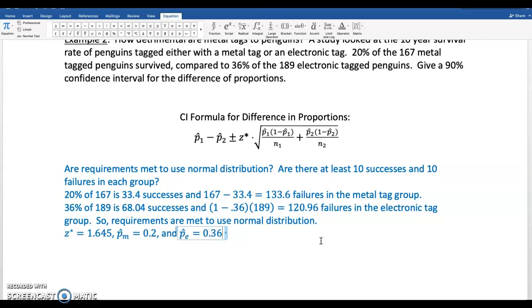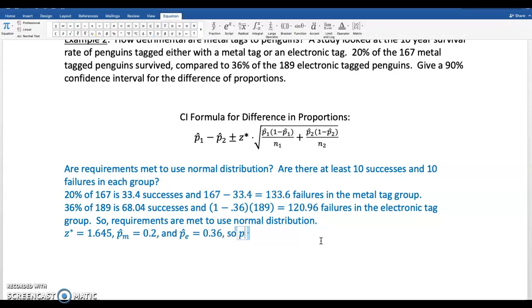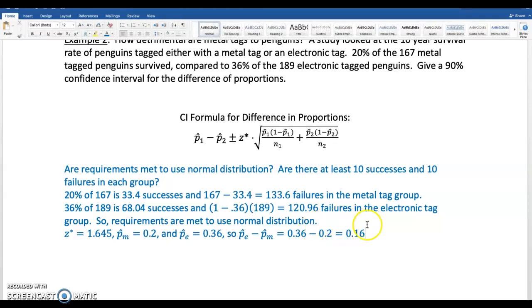So I want to write out p hat E minus p hat M. That's going to be 0.36 minus 0.2, which is going to give me 0.16. So this is my statistic.